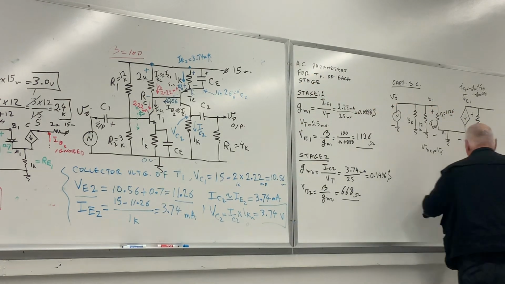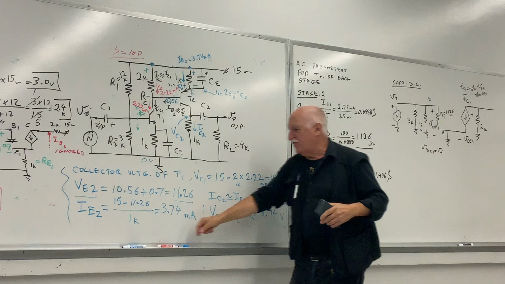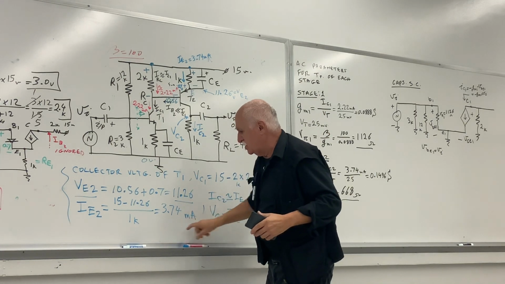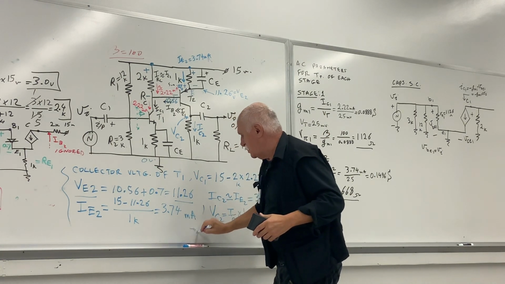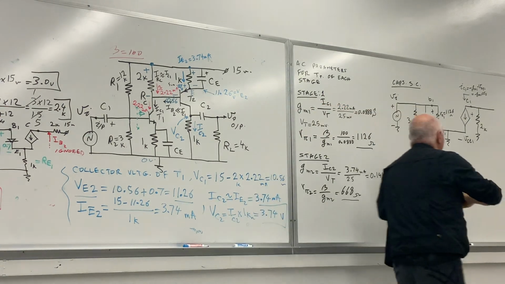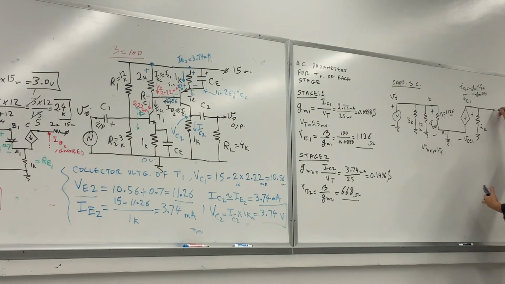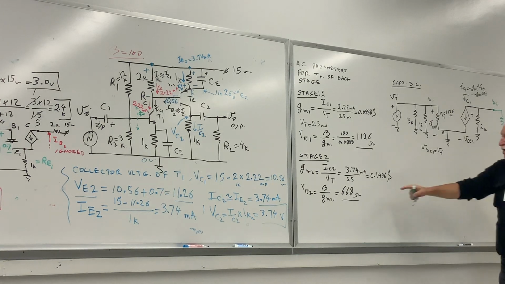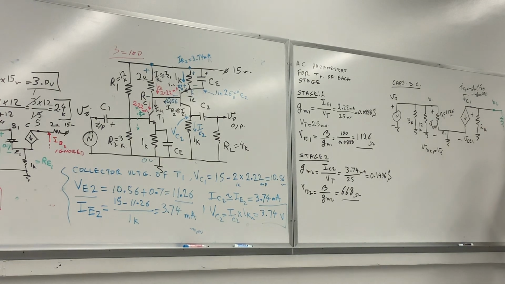It has its own, so let me do it in a different color, maybe. Nice color, this one. B2, r_pi 2, which is equal to 668 ohm.